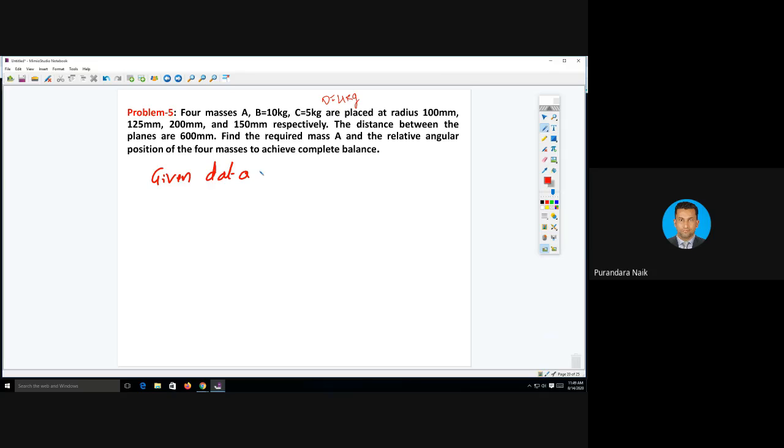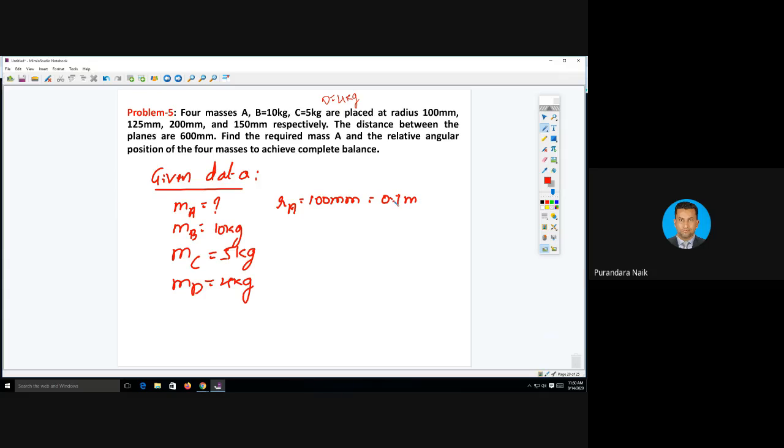Given data. First one, mass A, MA is unknown, and mass B, MB is equal to 10 kg. MC, mass of C is 5 kg, and mass of D is equal to 4 kg. It is given in the problem. Placed at a radius RA 100 millimeter is equal to 0.1 meter.